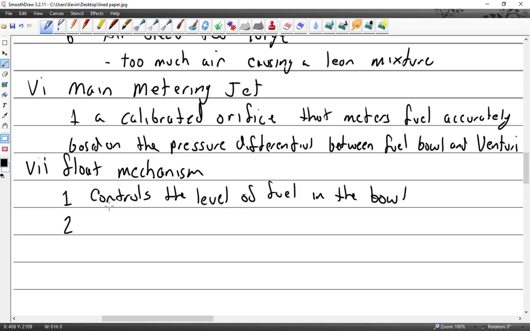And we already said, where's the level supposed to be? Level should be just below discharge nozzle outlet.